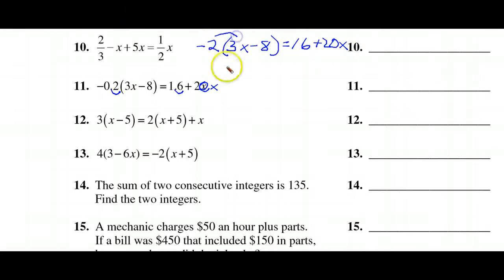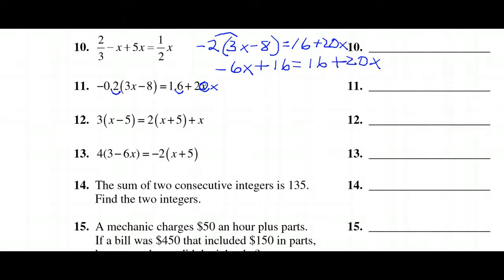So we're going to distribute and get a negative 6x, a positive 16 equals 16 plus 20x. And let's make this a nice plus sign here.